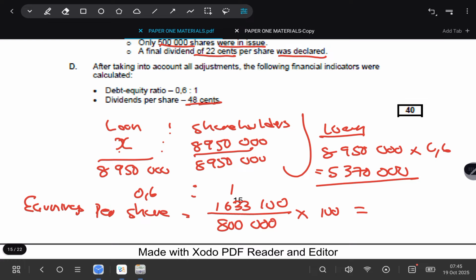So if you say 1,633,100 divide by 800,000, and then you multiply by 100, it gives you 204 point, I'm gonna say 14, just to keep it to two decimal places.